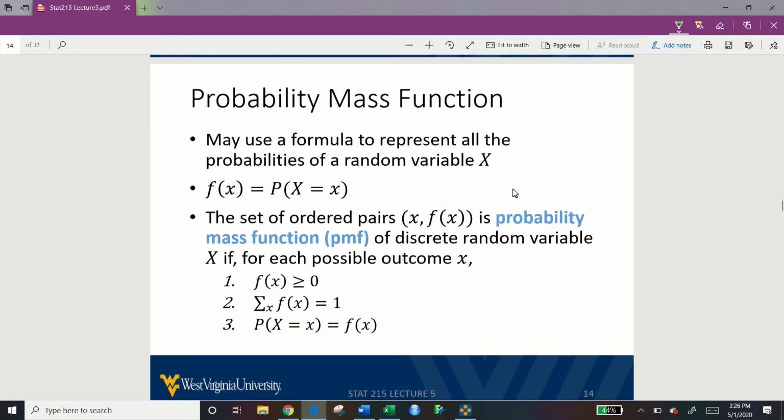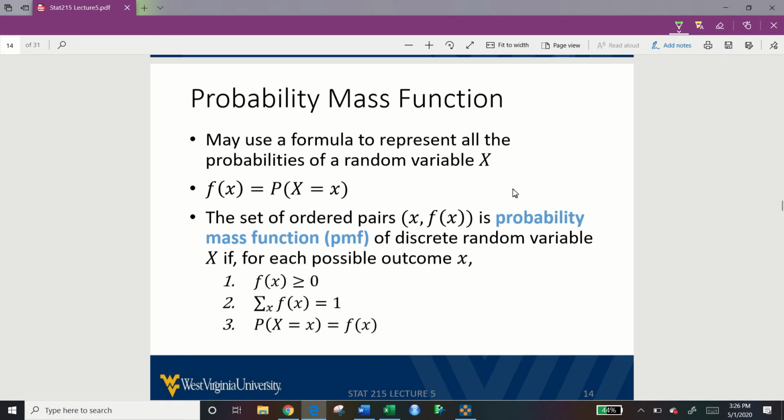So, in order to do a probability mass function, we may use a formula to represent all of our probabilities of our random variable x. We'll show this as f of x equals the probability of x equals x.